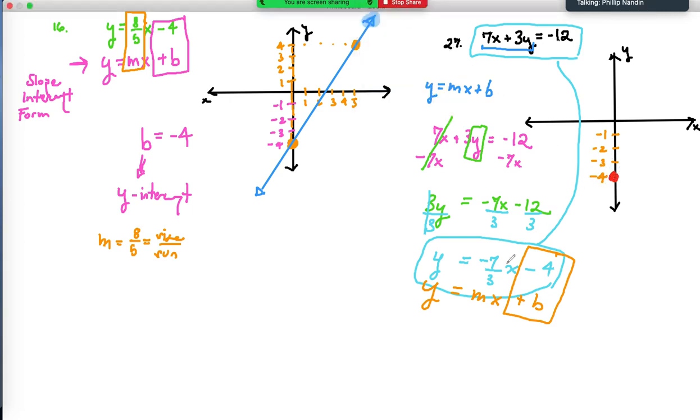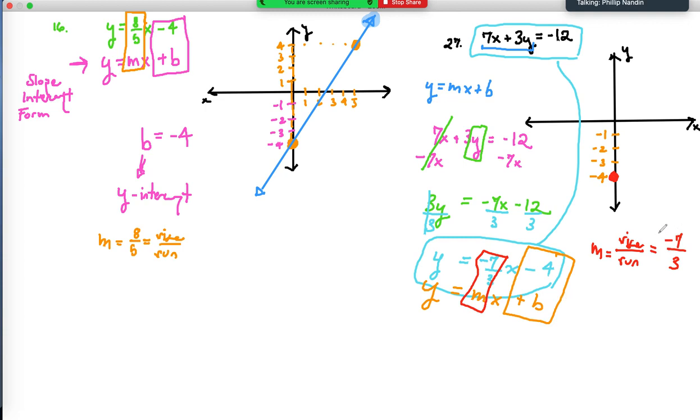That is my y-intercept. Now I use the fact that the slope is negative 7 over 3. But remember, slope can be interpreted as a rise over a run, which is negative 7 over 3.